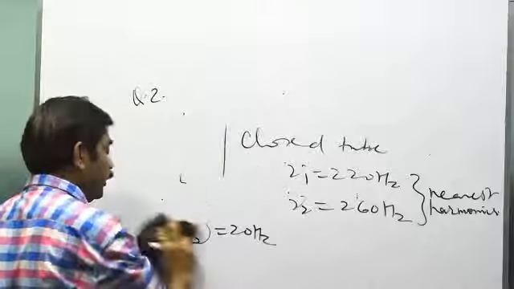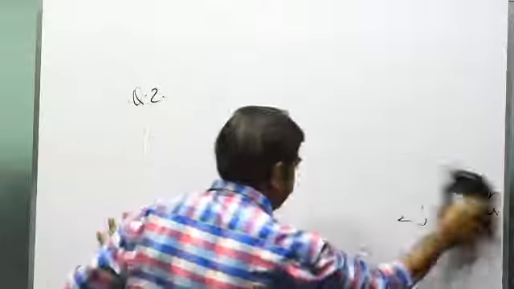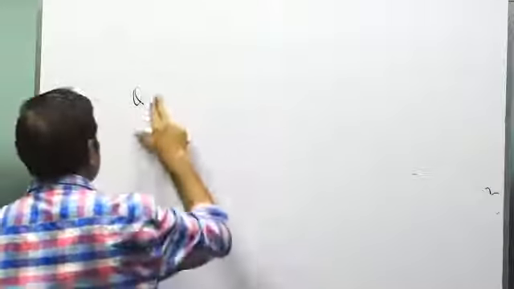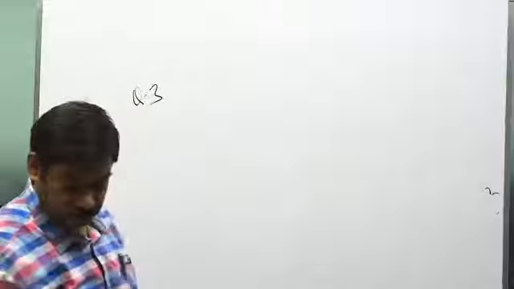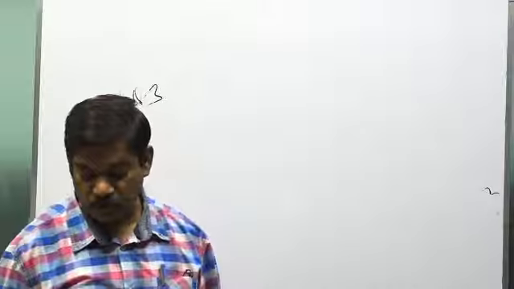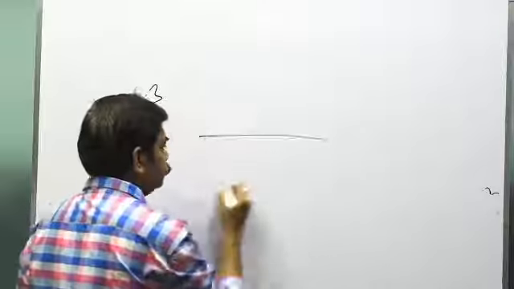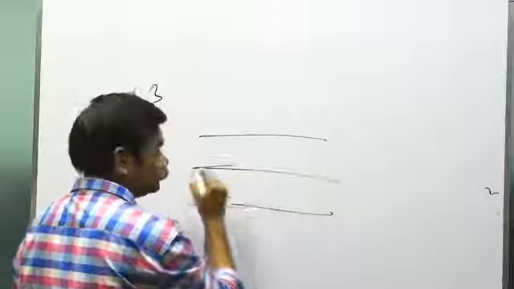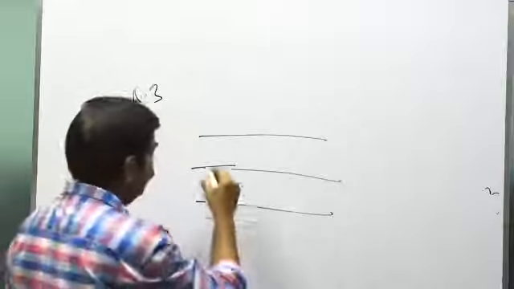Now see question number 3. You have two rods A and B of different materials which are welded together as shown in the figure. These are two rods, welded like this.